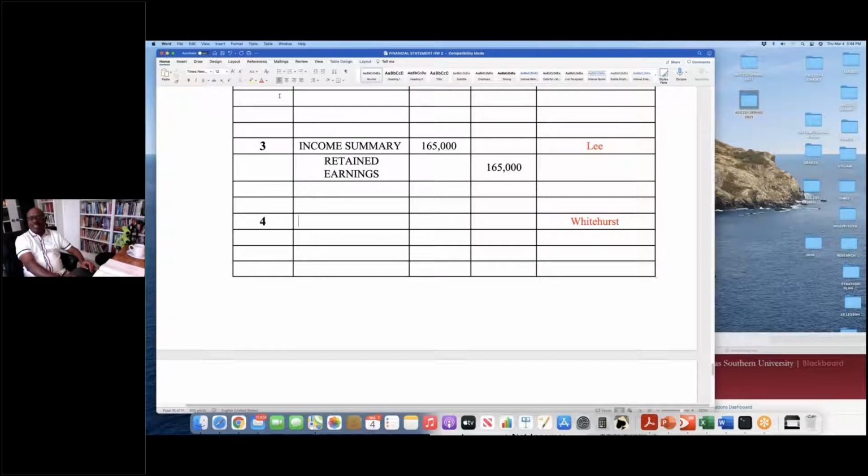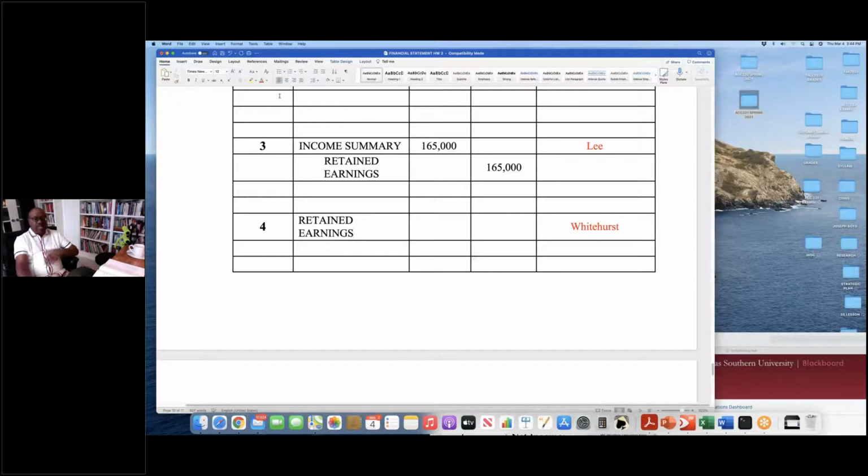Okay, you're gonna put in retained earnings for 20,000, and then dividends for 20,000. So we're debiting retained earnings for 20,000 and crediting what, dividends? Yes, sir.